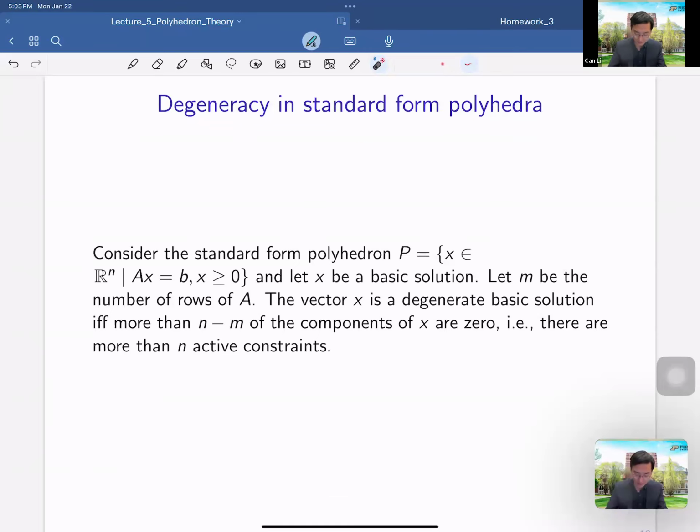So in that case, to get a degenerate solution, we need more than n minus m of those x to be 0, such that we can have more than n active constraints. This concept will be used when we are developing the simplex algorithm.